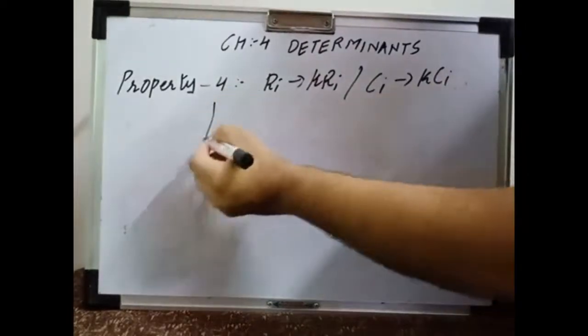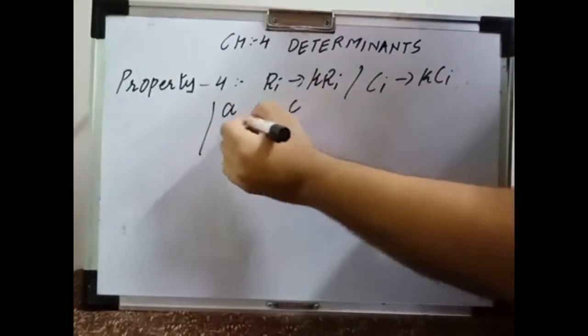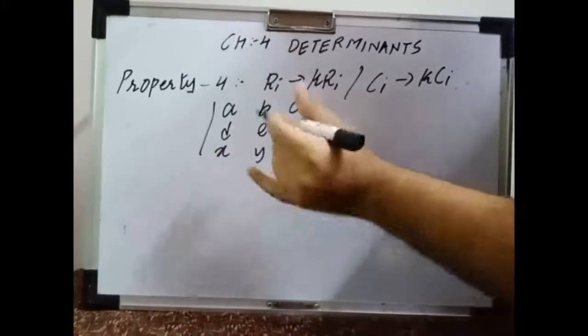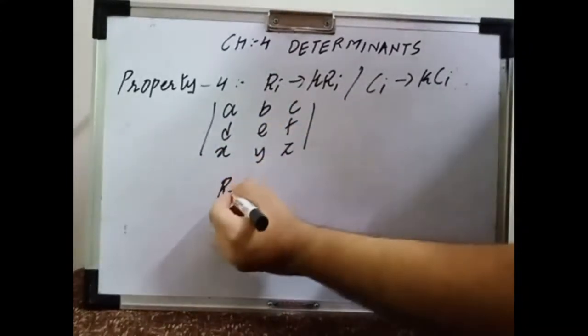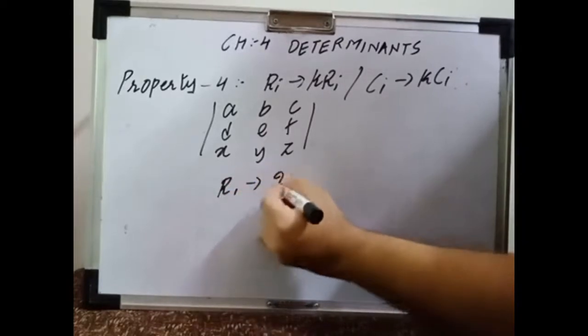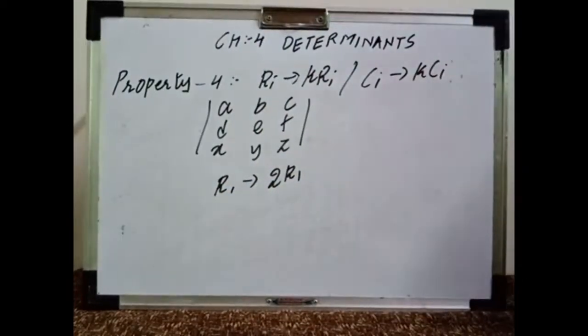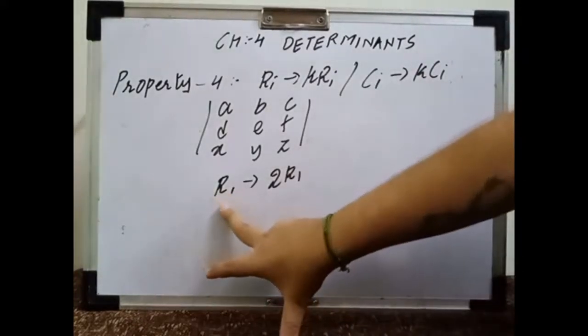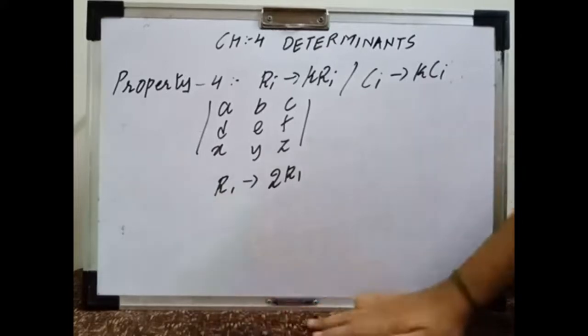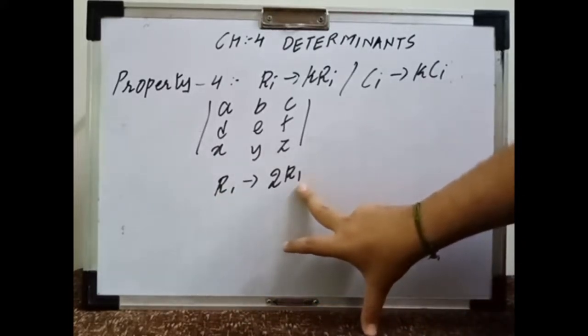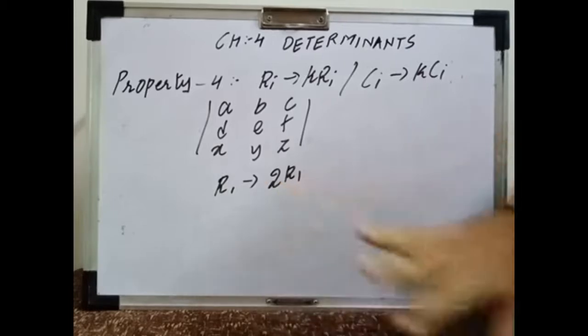Suppose your given determinant is this, and I am applying row 1 becomes 2 times row 1. This property says that the new row 1 is obtained by multiplying the old row 1 by 2.